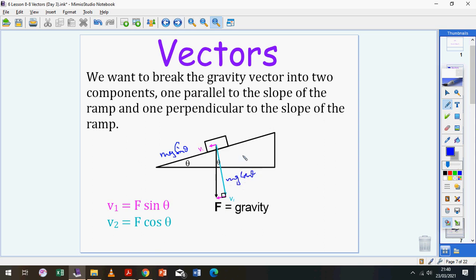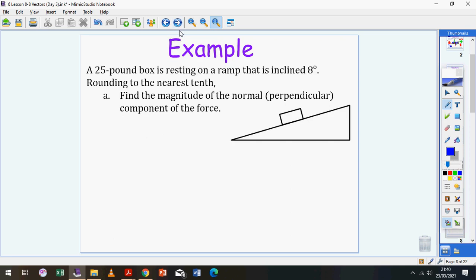Example: a 25-pound box is resting on a ramp that is inclined 8 degrees. Rounding to the nearest 10th, find the magnitude of the normal, perpendicular component of the force. Well, first of all, pound is not a standard unit, so I'm going to conveniently change that to kilograms.